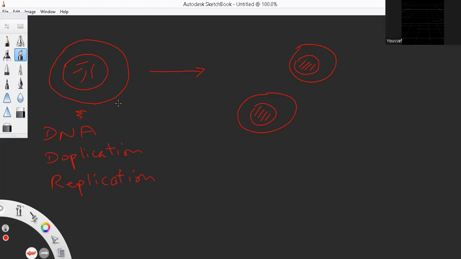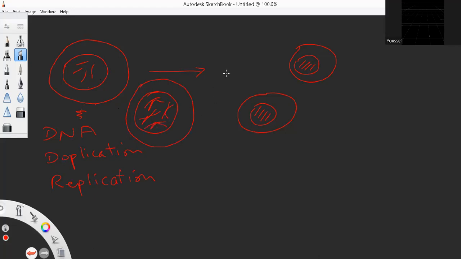In the sense that before division, the cell should do this step of replication or duplication. Each DNA or each chromosome gives another copy of itself.